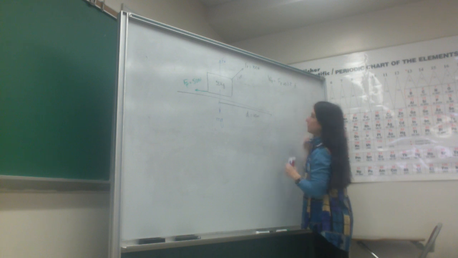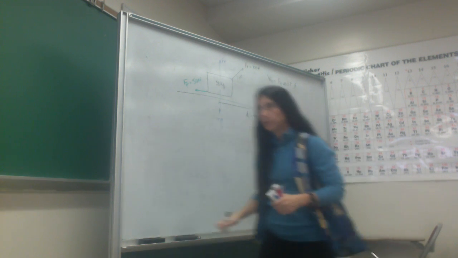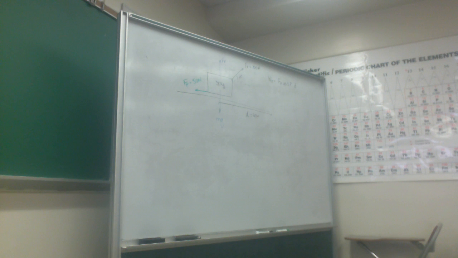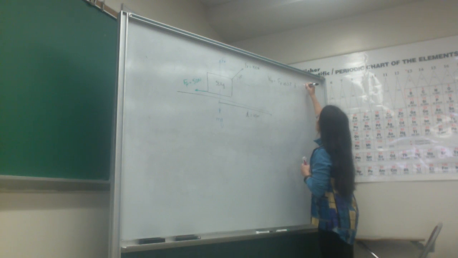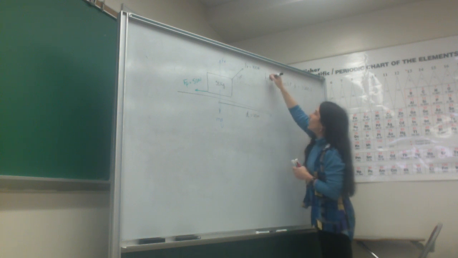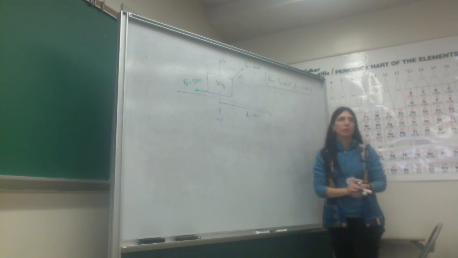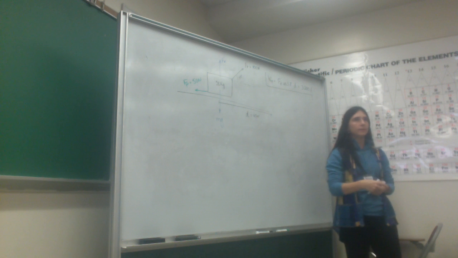And D there is 40. So if we put all these numbers together, let's see what we get. 3,200 joules, right? Okay, so one part of the problem is done. We got the work done by that specific force.